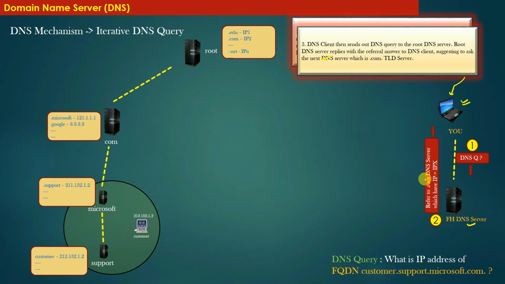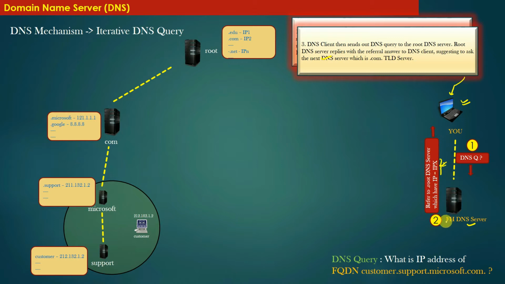Using this referral answer, your first hop DNS server is actually saying: I do not know the DNS resolution of the requested fully qualified domain name. Please go and ask the root DNS server whose IP address is the following, that is IPX. So let's say the IP address of the root DNS server is IPX.